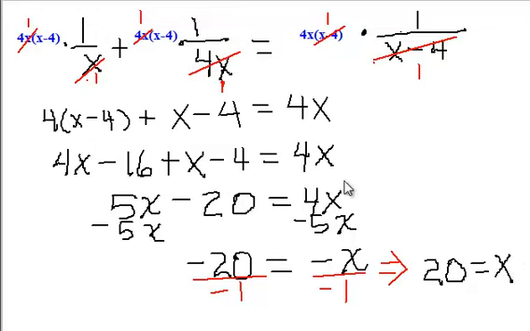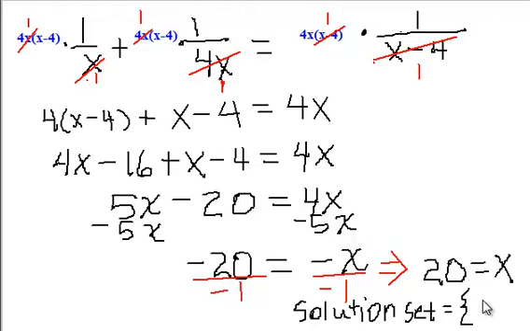So my solution set is the set that contains the number 20. And I could actually go back and check this, and it would make the left side of my equation equal the right side.